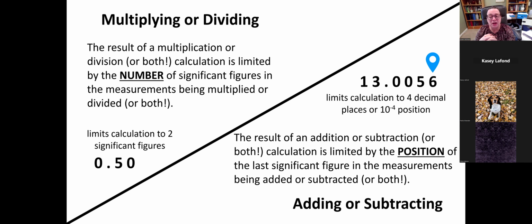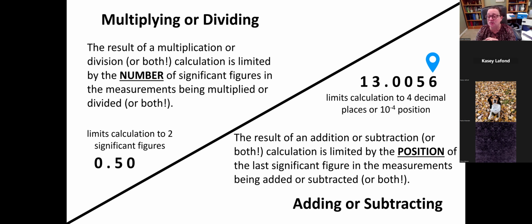13.0056. That one has its last significant figure, right? So if you go through the number and you just read and kind of see where the last significant figure is, that number is 6, which is in the fourth decimal place, or the 10,000ths place, the 10 to the minus 4 position, which is a pretty small uncertainty.